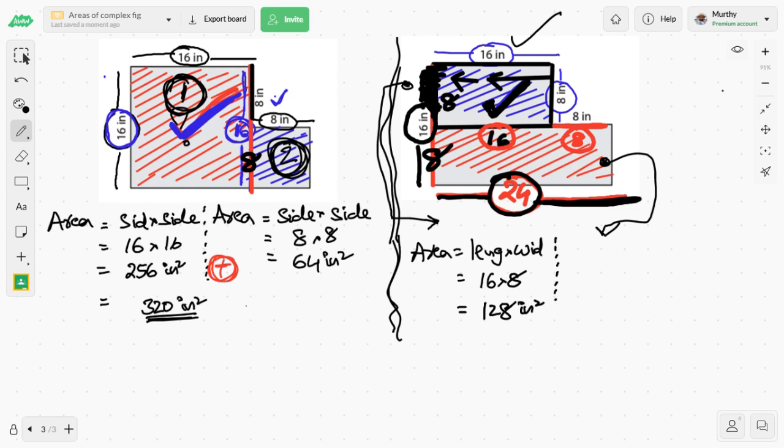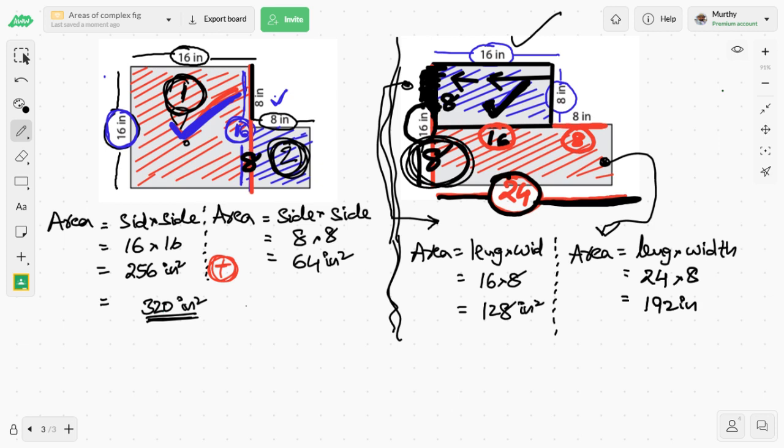And next, for the second diagram, area equals, it is a rectangle, therefore let me take length times width. So length, I see that it is 24 inches, times width, it's not 18, it is 8 inches, and that gives 192 square inches.